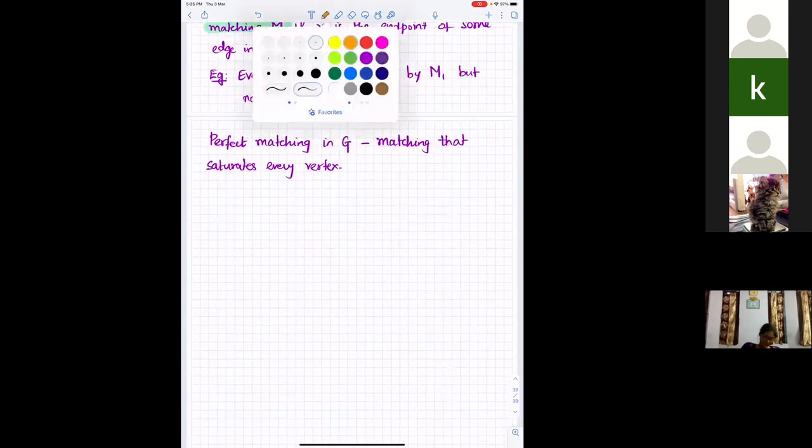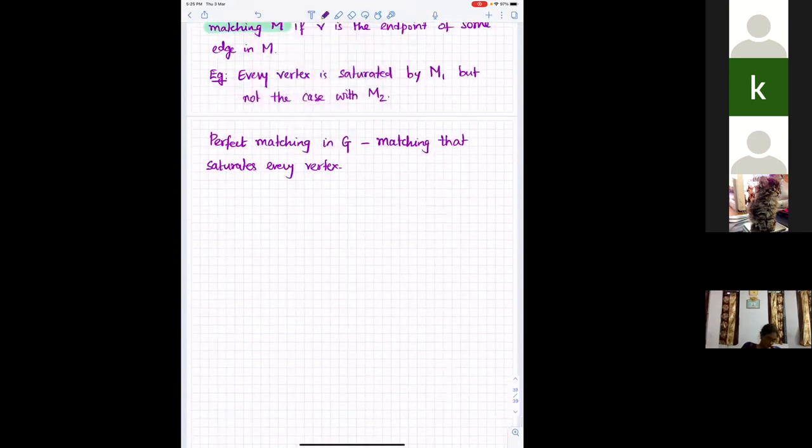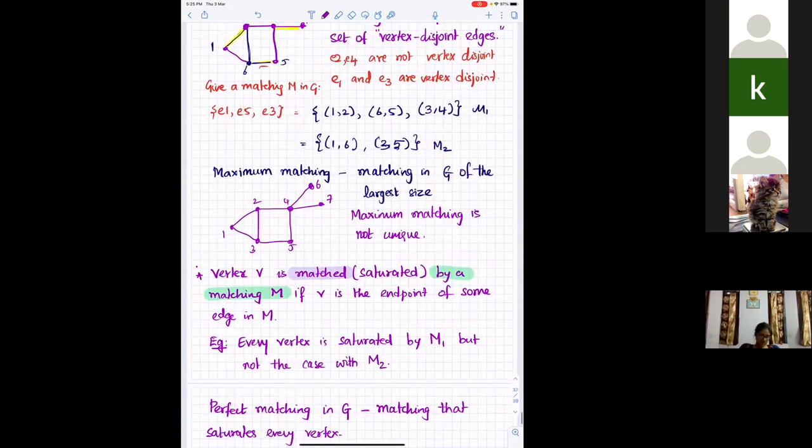Okay, so now what is the difference between a perfect matching and a maximum matching? What do you think? Is every perfect matching maximum? When we talk about perfect matchings, right now we are looking at undirected graphs, not bipartite graphs. Let's just look at normal undirected graphs, graphs of this form.